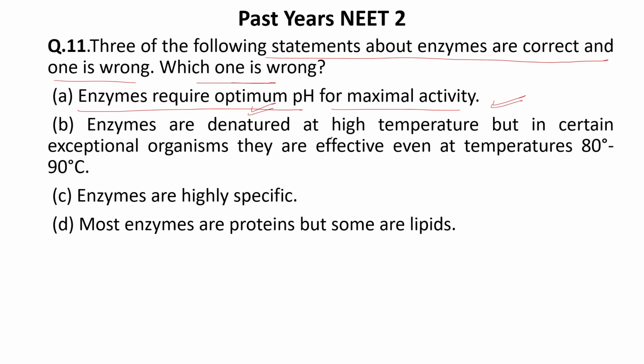Enzymes are denatured at high temperature, but in certain exceptional organisms, they are effective even at temperatures of 80 to 90 degrees centigrade. Yes, in some thermophilic bacteria, enzymes are active even in such harsh conditions, right?